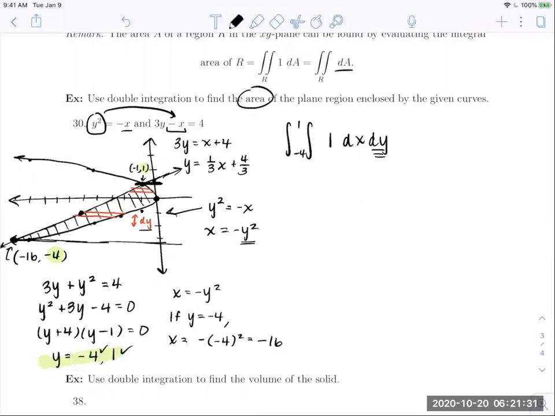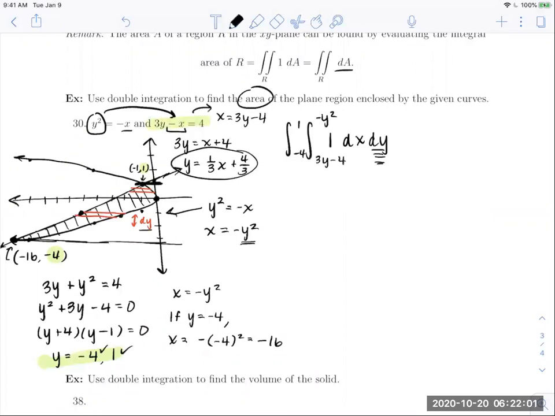I want that limit of integration in terms of y. So my upper limit of integration is -y squared. And what about my lower limit of integration? That's coming from this line, but I want to solve x in terms of y. So take a look at this equation, and we can say that x equals 3y minus 4. That's going to be my lower limit of integration.